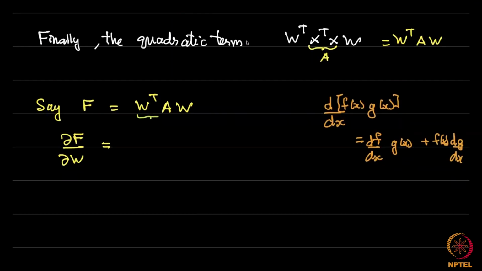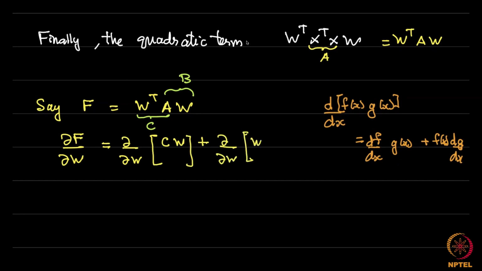I'll call this term C and this term B. Okay, so if I do that, this basically becomes del by del W of C times W plus del by del W of W transpose times B. Now we know the result already.